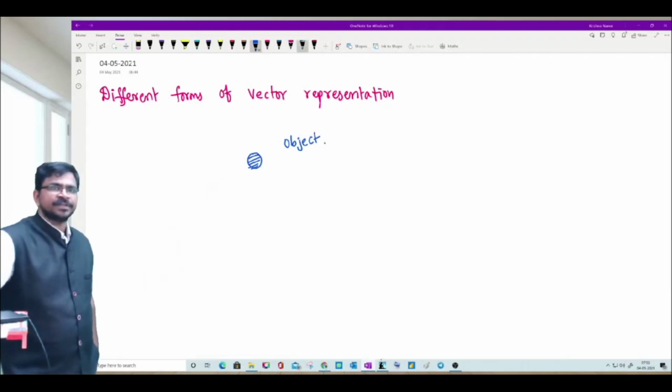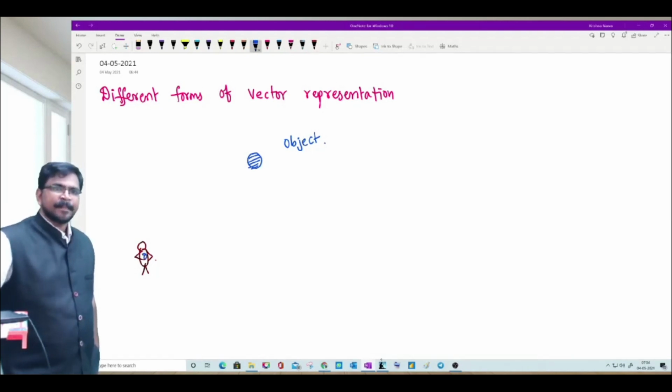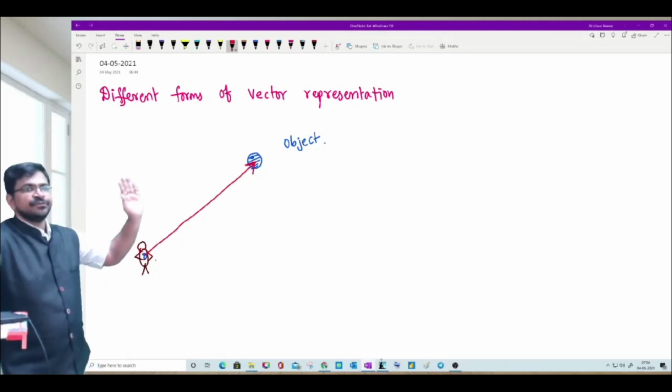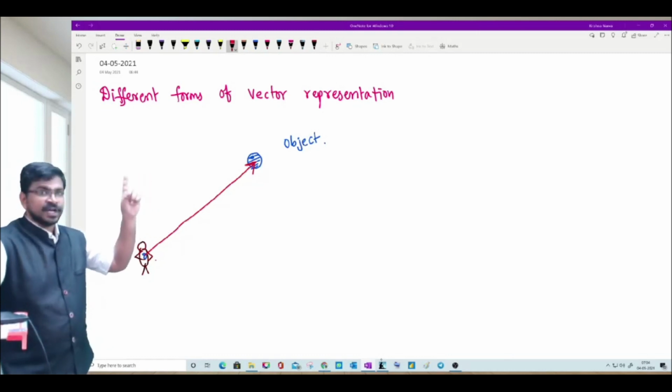Let me take that point somewhere here. So the observer is here and the object is here. From observer to object, there is a line of sight, and this is a position vector representing the position of that object.